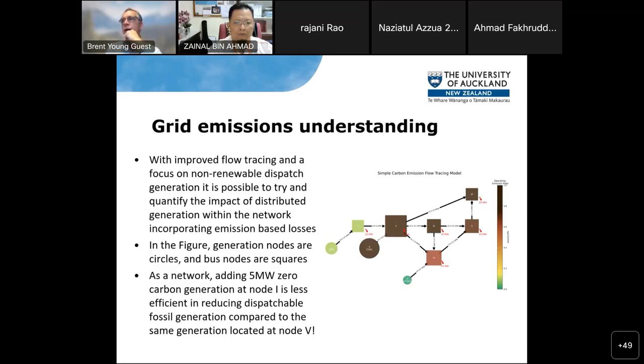Unfortunately, it doesn't tend to work that way, and so emissionality related to where you are on the grid is really, really important. So we have a student who's developing a carbon emission tracing model for industry and for the community.